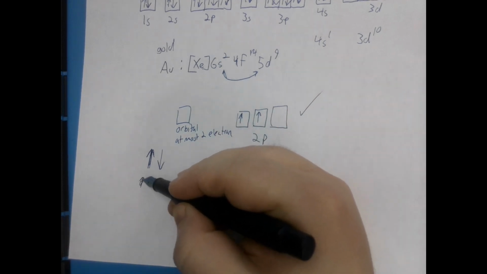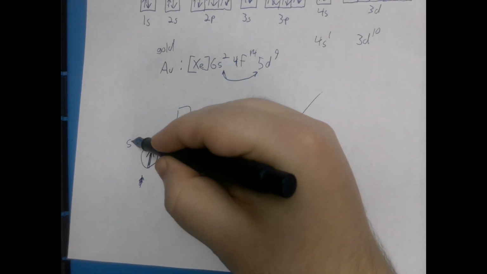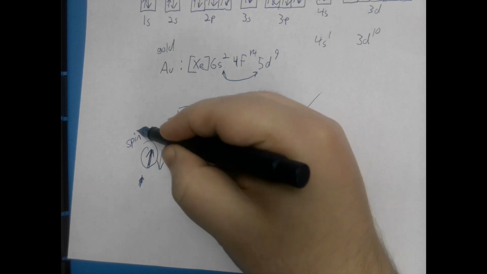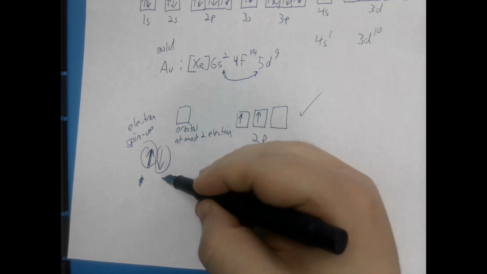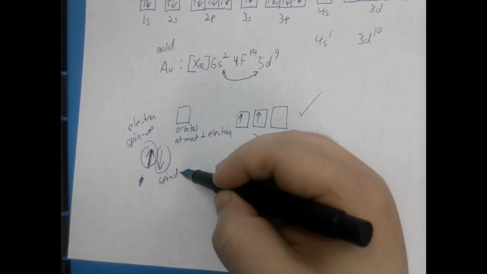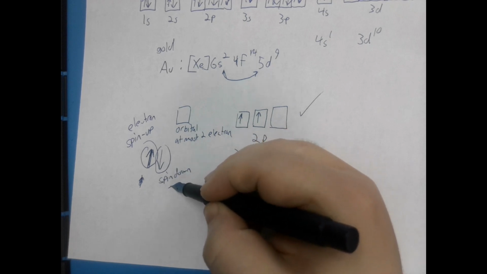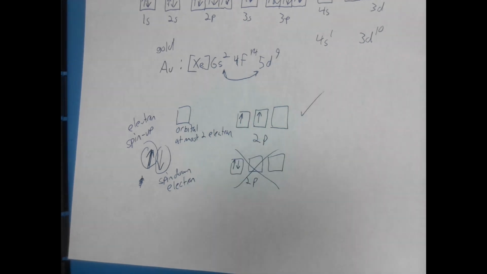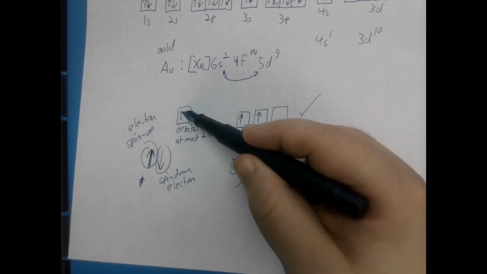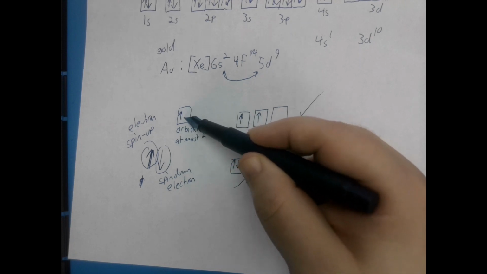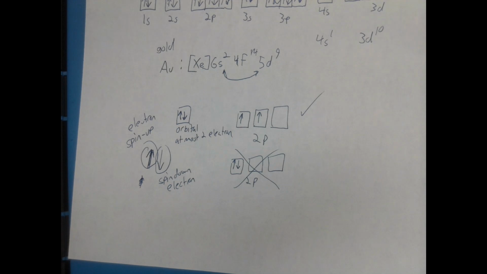This is a spin up electron, and this is a spin down electron. So at most, an orbital can have 2 electrons. It can have an up and it can have a down electron. Do you get it now?